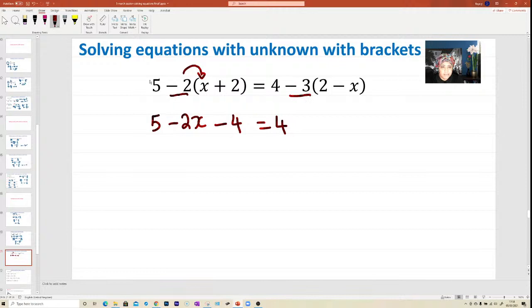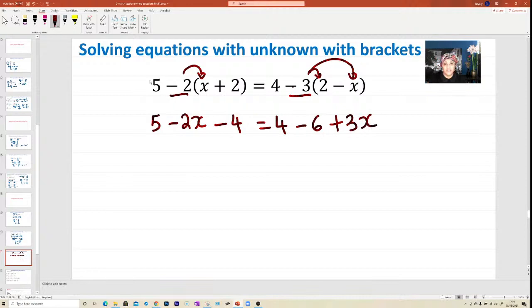So 3 times 2 is 6, but this 2 is positive. So negative times positive is going to give you -6, okay? And now 3 times x is 3x, but negative times negative is positive. So that's going to give you positive 3x.